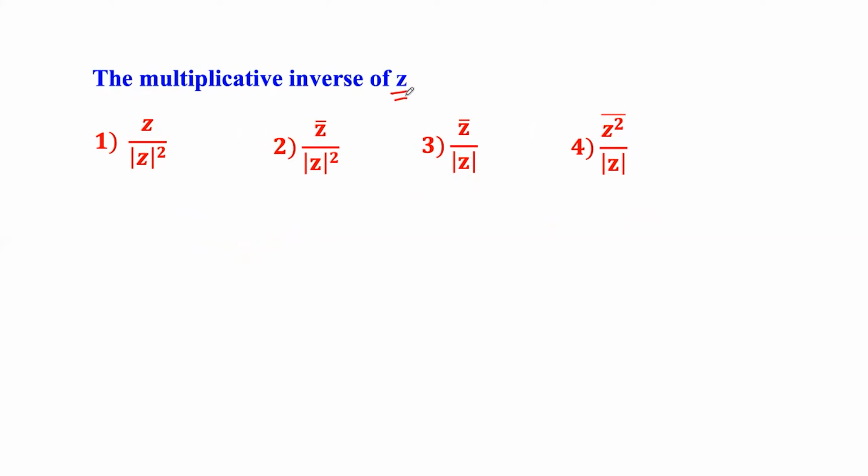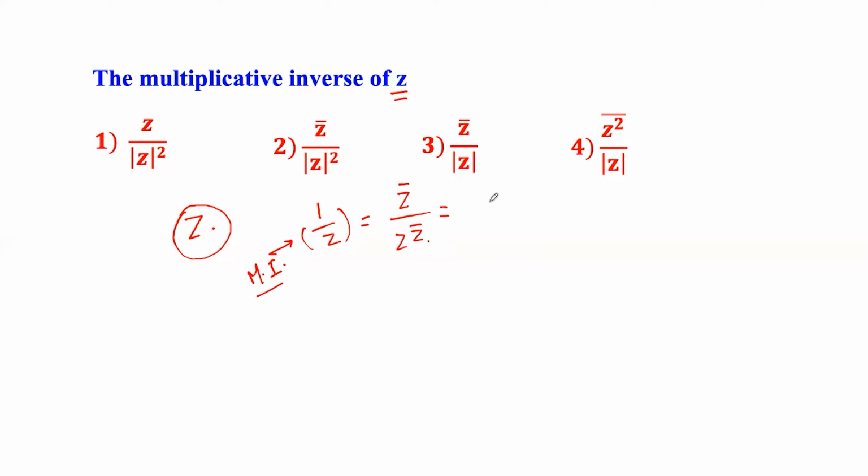Right? Next one: the multiplicative inverse of Z. What is the meaning of multiplicative inverse? Again a basic terminology: the multiplicative inverse of any number is its reciprocal. So the multiplicative inverse of Z is nothing but 1 by Z. We multiply this 1 by Z by Z bar in numerator and denominator both.